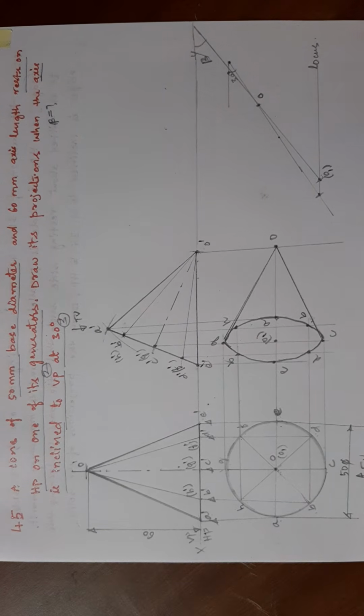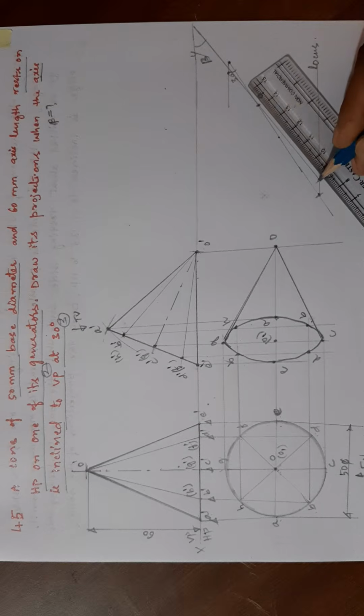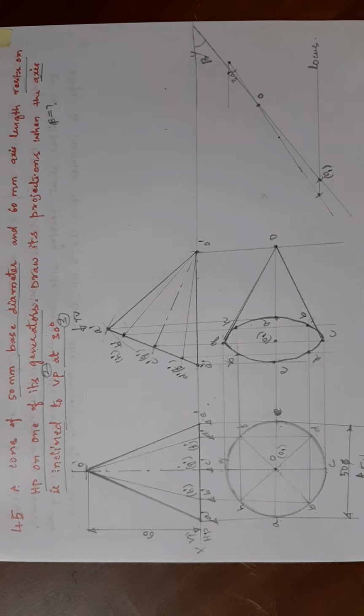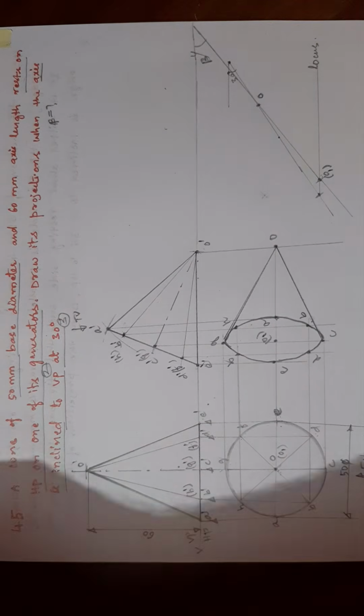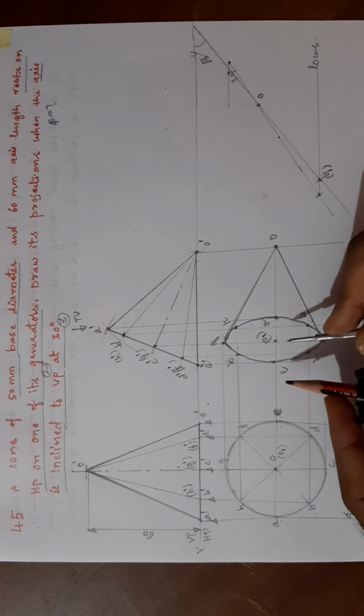Now on this beta angle, we have to reconstruct the top view in the second portion. So to construct on the beta line angle, O1 we got. One more point you will get.